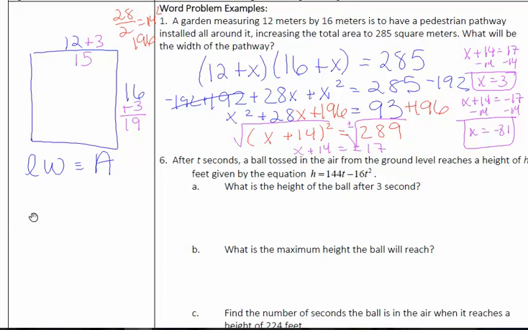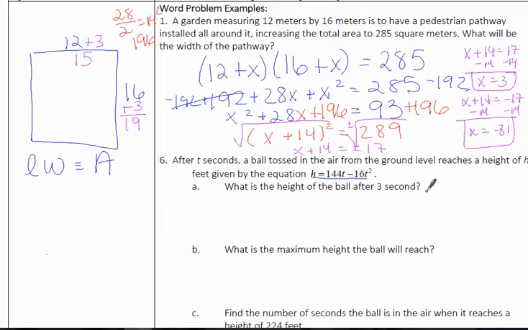After t seconds, a ball is tossed in the air from ground level. It reaches the height in this equation right here: 144t minus 16t squared. So how can I figure out what is the height of the ball after 3 seconds? What am I going to do with that number 3? It's T. T is time.